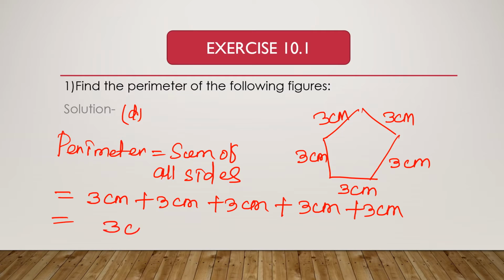Then it will be 3 centimeter multiplied with 5 sides. All are equal, so you have to multiply by 5. That is 15 centimeter. Or 3 plus 3 is 6, 6 plus 3 is 9, 9 plus 3 is 12, 12 plus 3 is 15. So perimeter of this given figure, that is pentagon, is 15 centimeter.